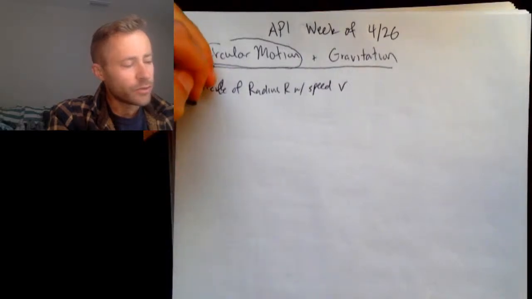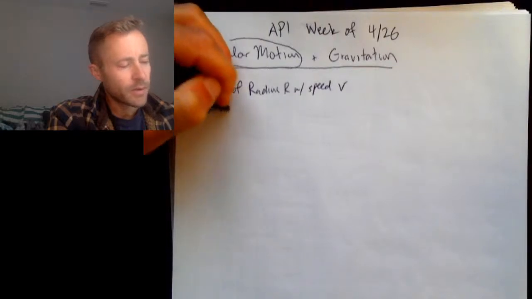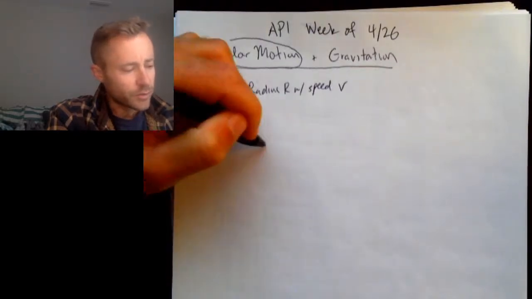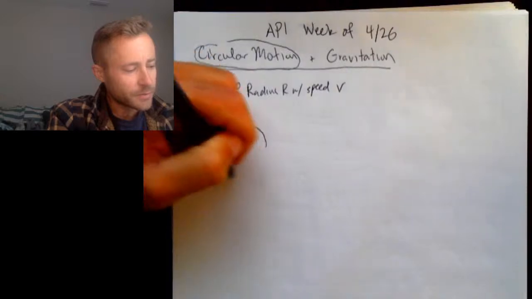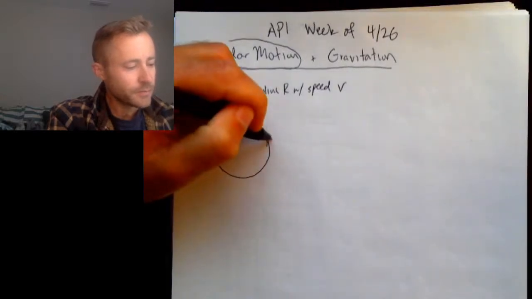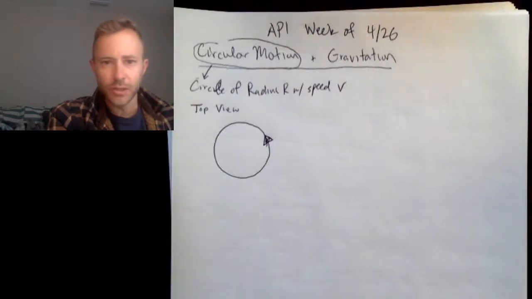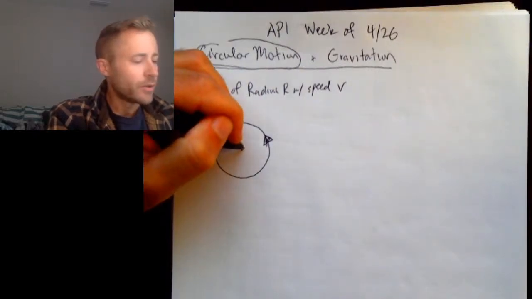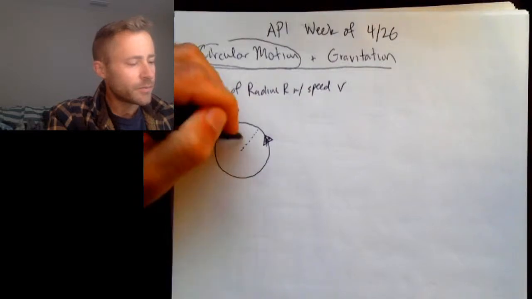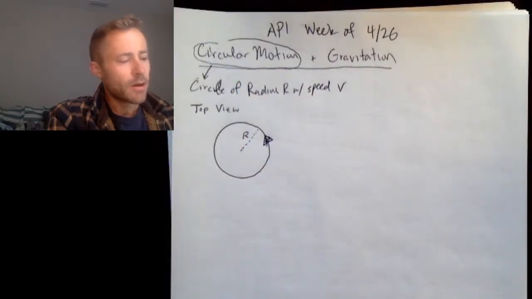So I'm going to just draw a top view of this circle. So we're watching the circle. It's going around like this. Like so. So there's some object going around. The radius of that circle is r.